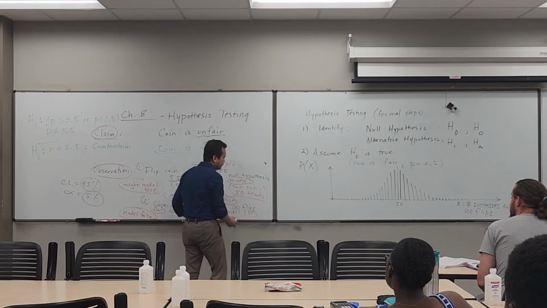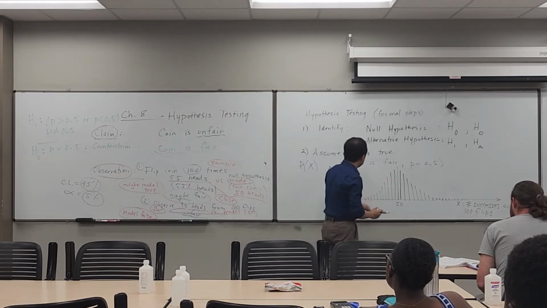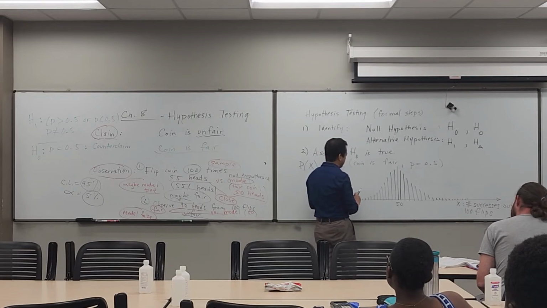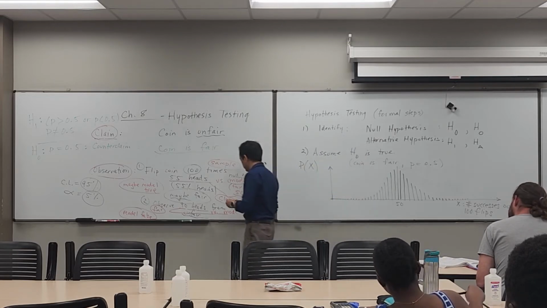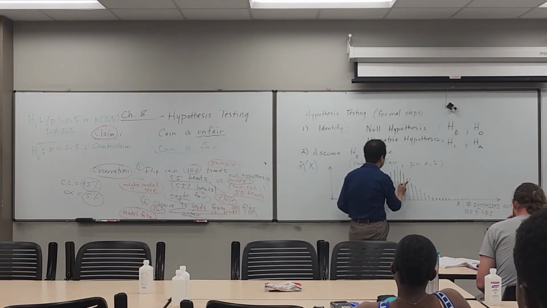Just wanna know if we're using a T or chi. Okay, so we'll get there. So you have this distribution. The 95% corresponds to the body of the distribution.